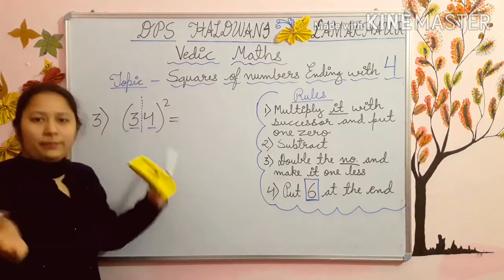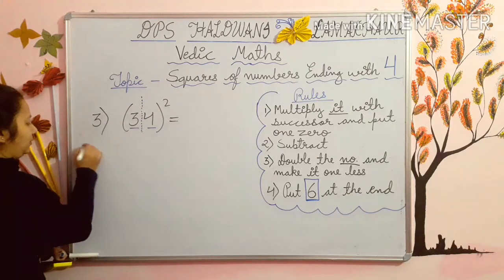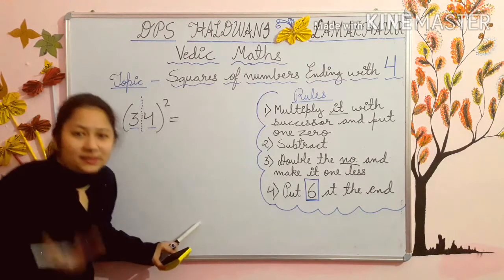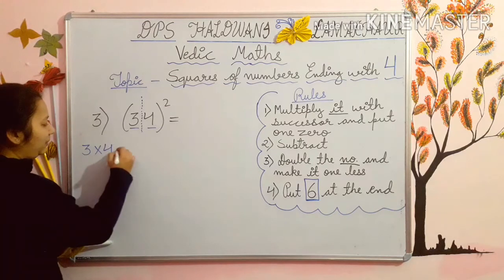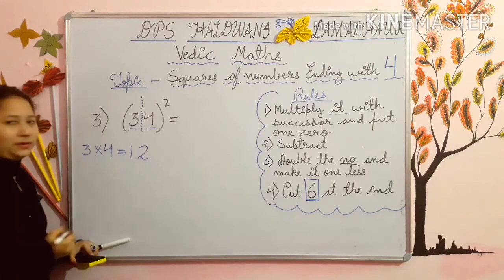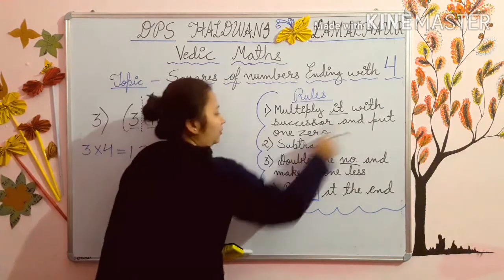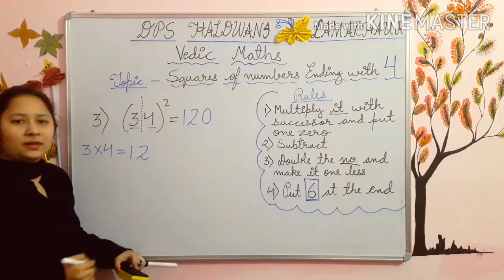Remove the 4, the pending number is 3. Now, first of all, multiply it with its successor. The successor of 3 is 4. So, multiply it with 4. Now, 4 3s are 12. Now, put 12 here. And put 1 0. Now, subtract.